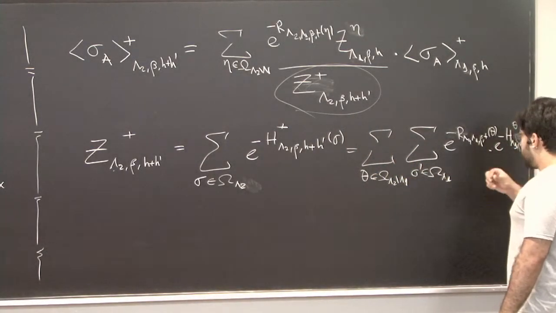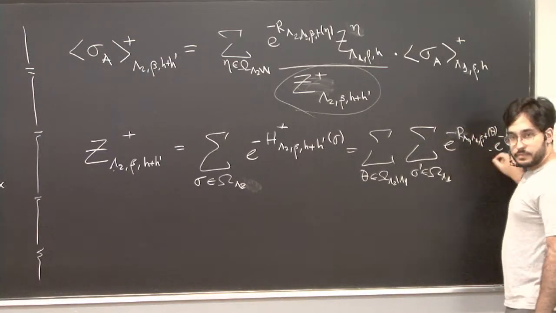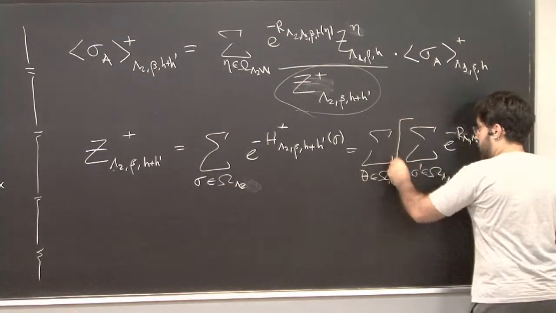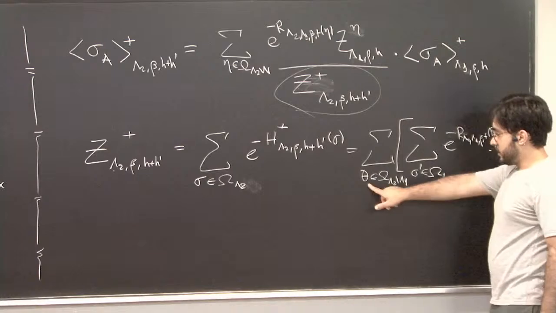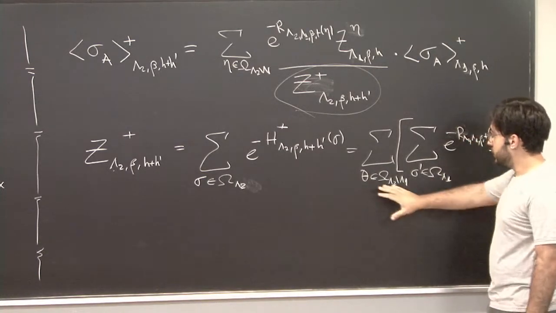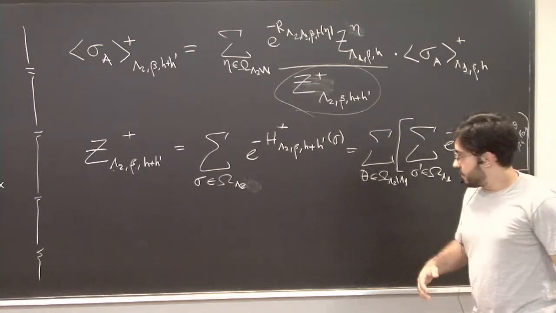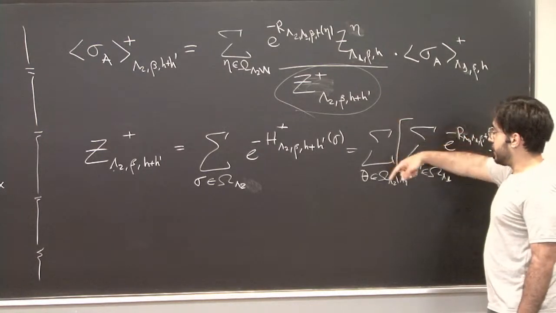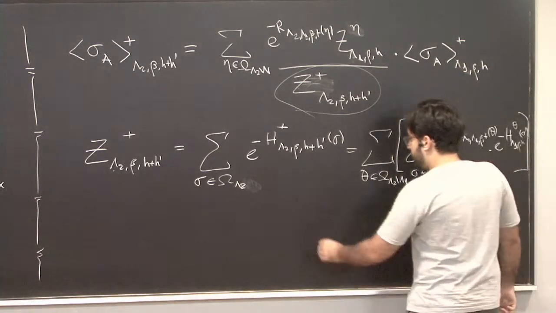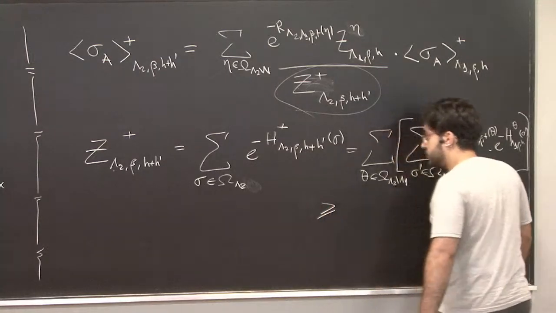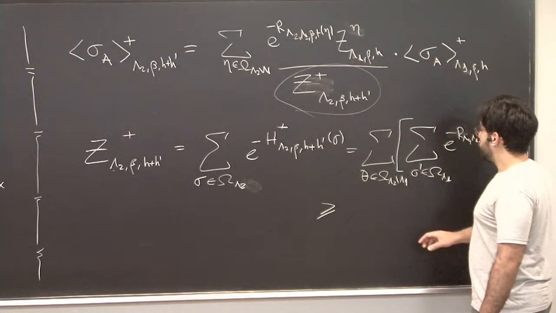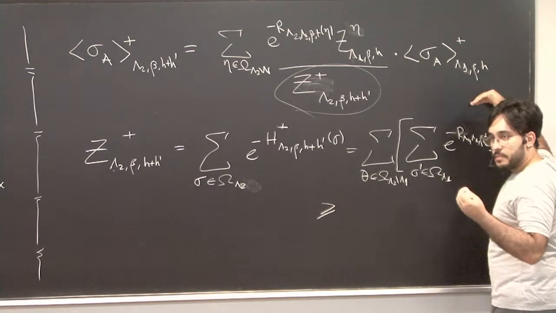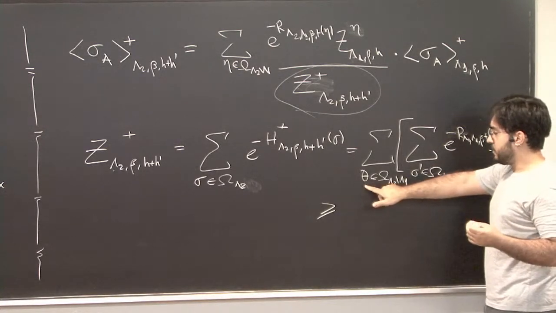So what happens here is that all these terms are positive. Okay, all these terms are positive. I mean, all these terms that I'm summing depending on theta, they are all positive. So since they are all positive and I am summing over all of them, I can give a lower bound to this sum as being larger than this part of the sum calculated at some specific delta.